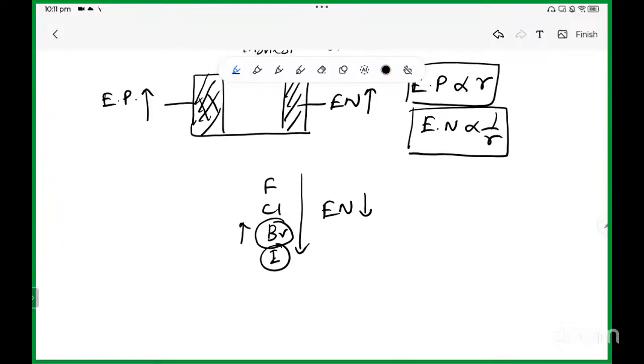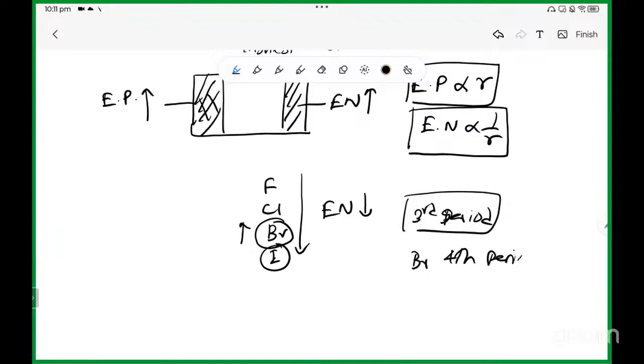But the other problem is, how about sulfur and bromine? Because sulfur is in the third period, and bromine is in the fourth period. If you closely check, chlorine is in the third period in the 17th group, and bromine is in the fourth period in the 17th group.